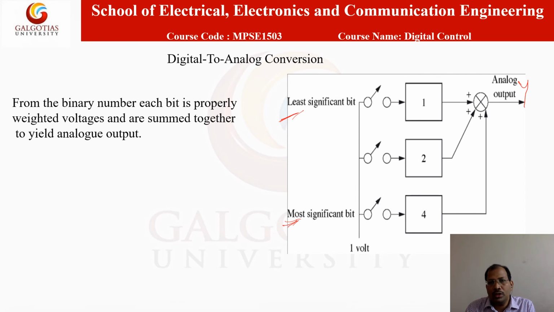And these are the switches, and these are their values: 1, 2, 4, 8, 16 like that. In binary form there are these positions, so we have to connect these switches according to the binary number. Each bit is a properly weighted voltage and they are summed together to form an analog continuous signal.